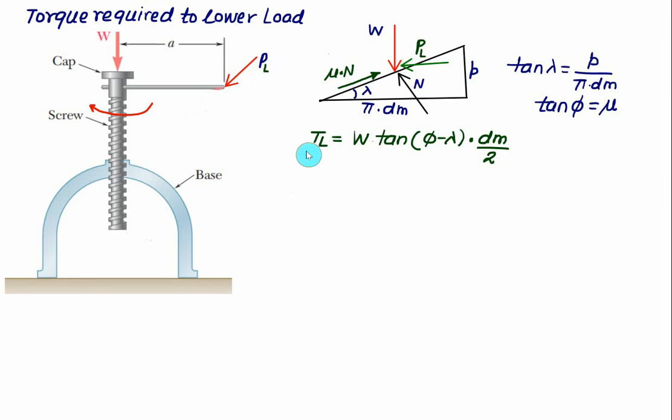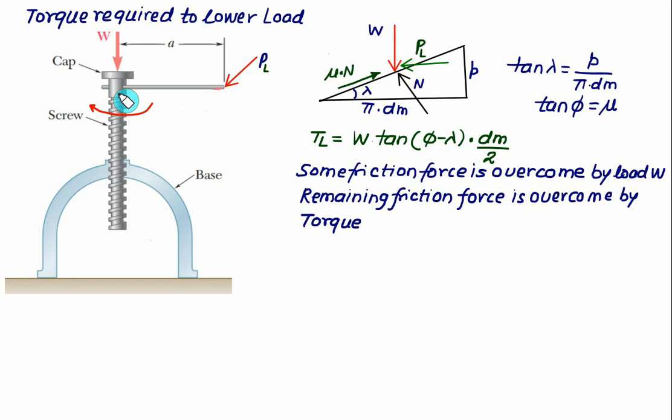So the torque required overcomes only a part of the friction in lowering the load. It is not the complete friction that is overcome, because when the weight moves downward, naturally some component of the weight is used to overcome the friction, and the remainder is overcome by the external torque equal to TL.